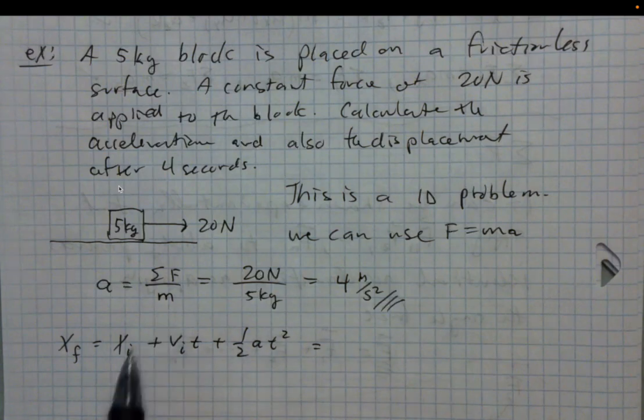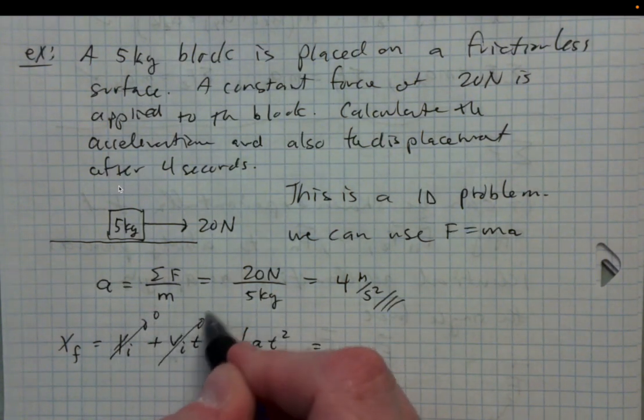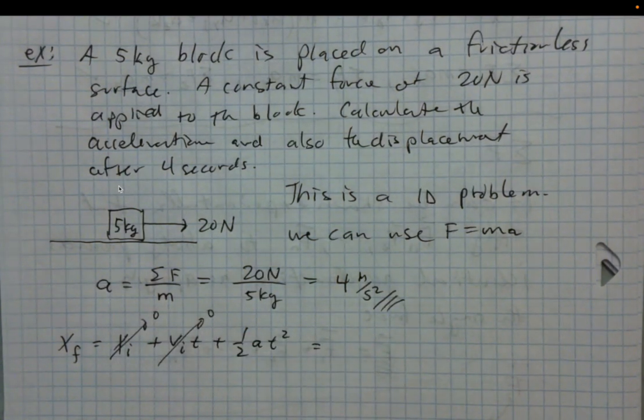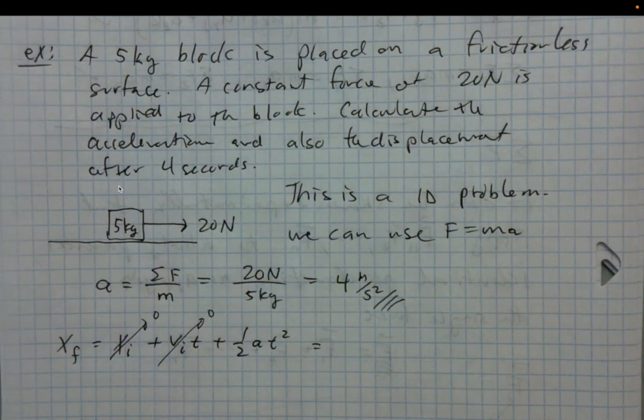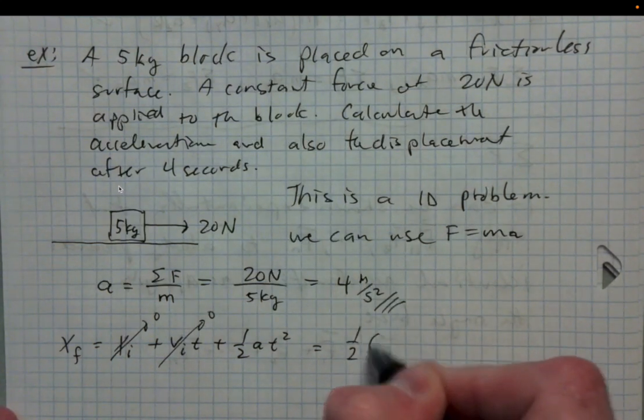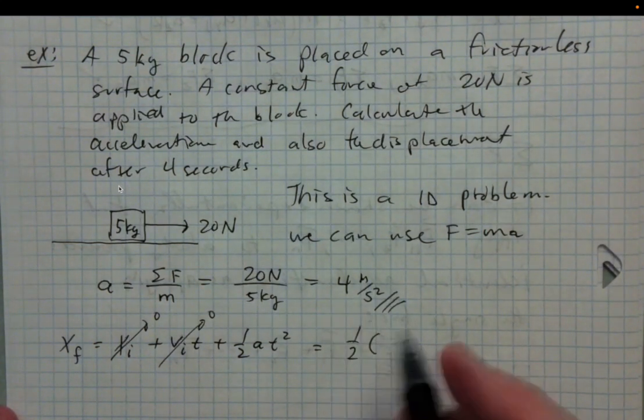In this case, the initial position is 0 and the initial velocity is 0, at least that's how we should interpret the problem. We assume that it's just placed there, and it's 0 initially. So we can just plug in the acceleration, which we just calculated as 4 meters per second squared.